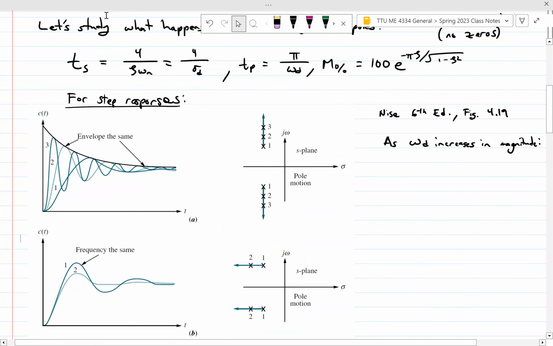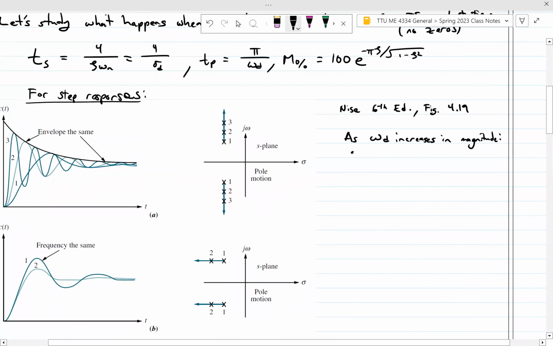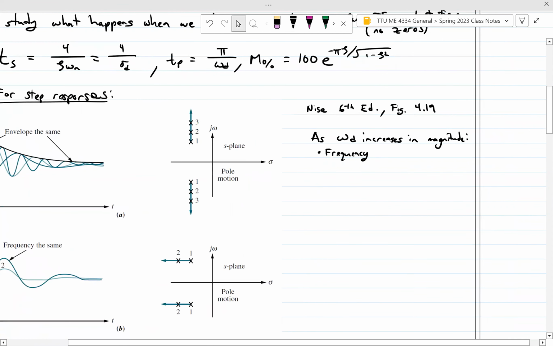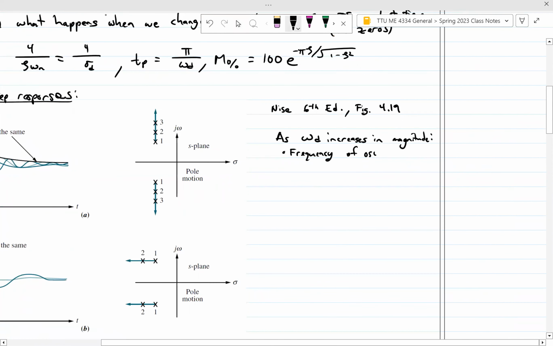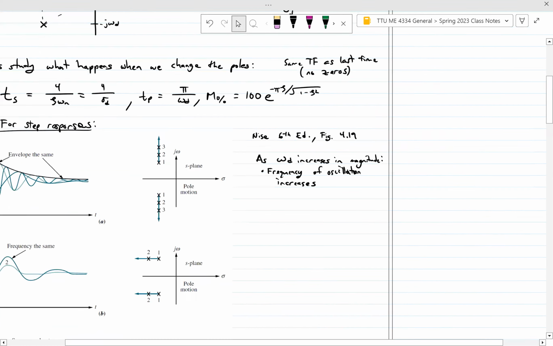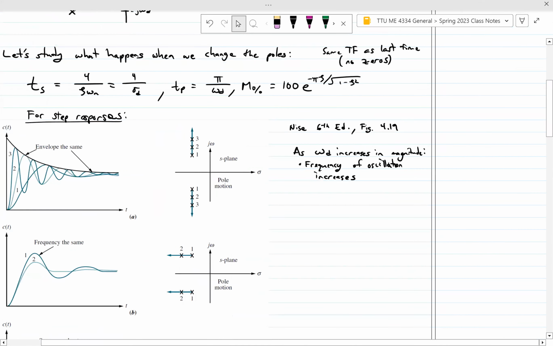Frequency of the oscillation. So frequency of oscillation, what happens to it? Right? Why does it increase? Why does that make sense? What is the frequency of oscillation for an underdamped second order system?